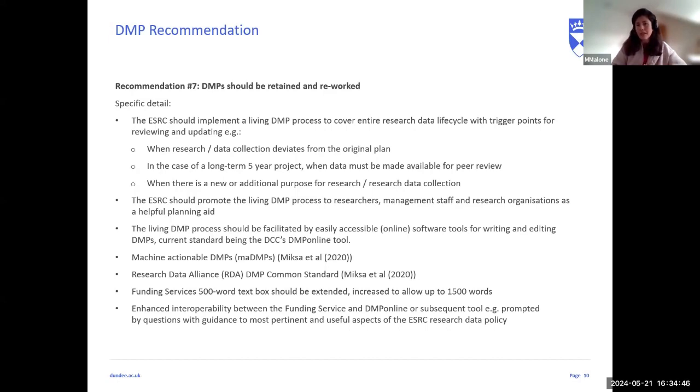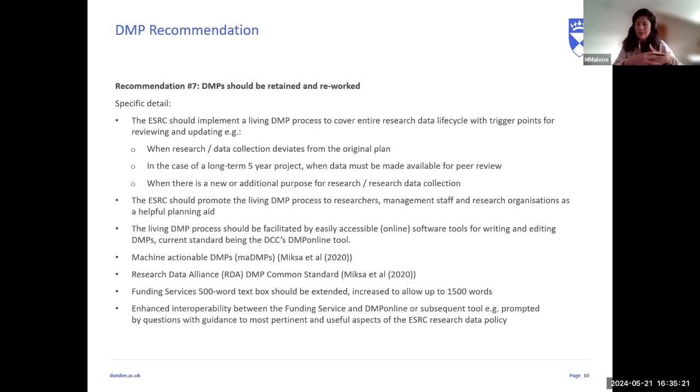And we've identified 3, not exhaustive, but 3 important ones. So say, for example, when the research or data collection deviates from the original plan, or for example, in a 5-year project, perhaps when data must be made available for peer review in terms of publication, or also, and this comes from some of the research that I've also provided a link for, from another recent project that Angela and I were involved in, something that was brought to our awareness quite clearly by the research community in the trusted research environments work that we have done.